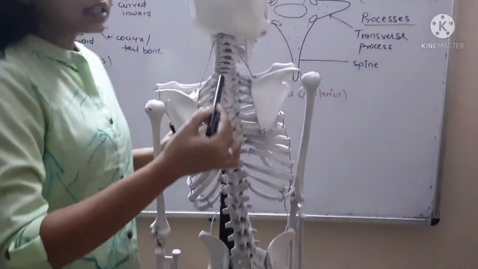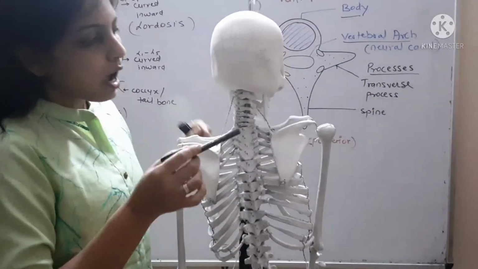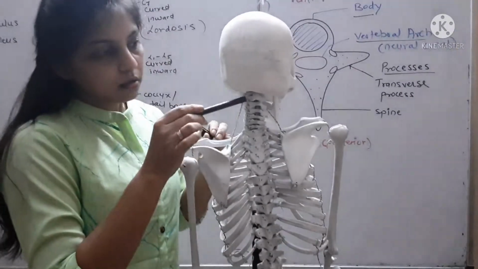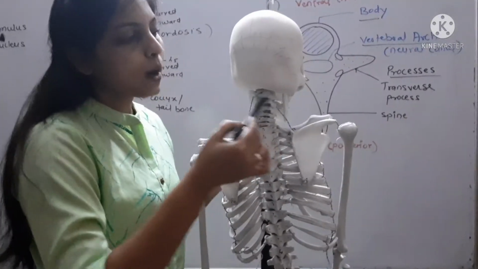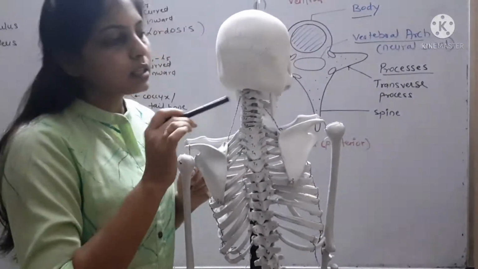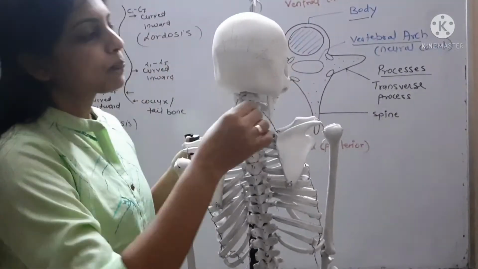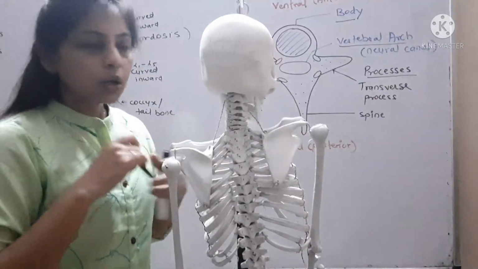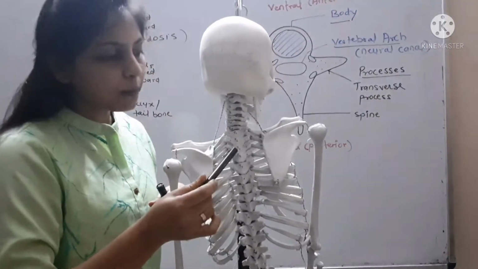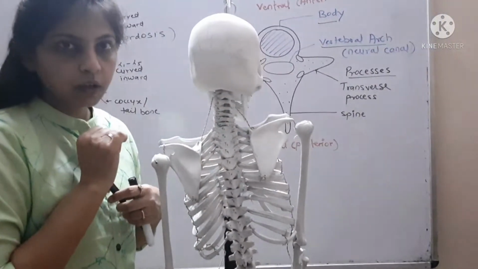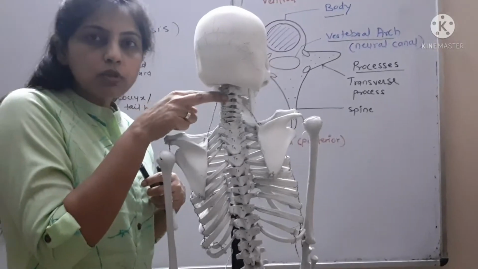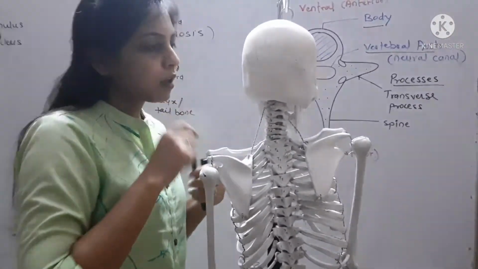Now, these articulating vertebrae are joined with the help of an intervertebral disc. This intervertebral disc provides movement to our vertebral column, and it also reduces friction during the movement. It prevents two bones from colliding.